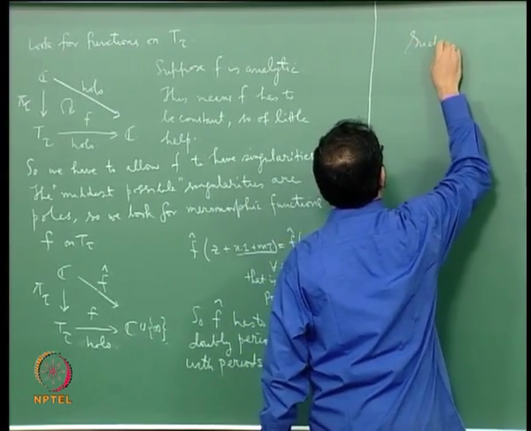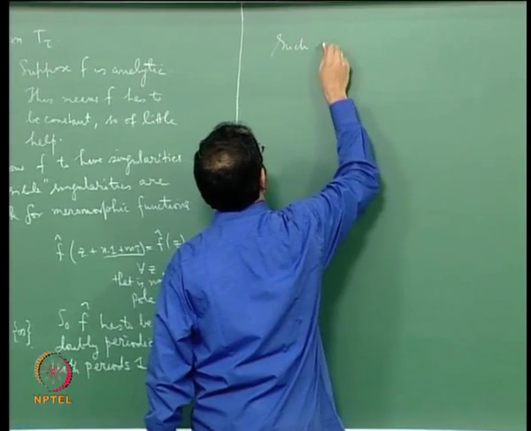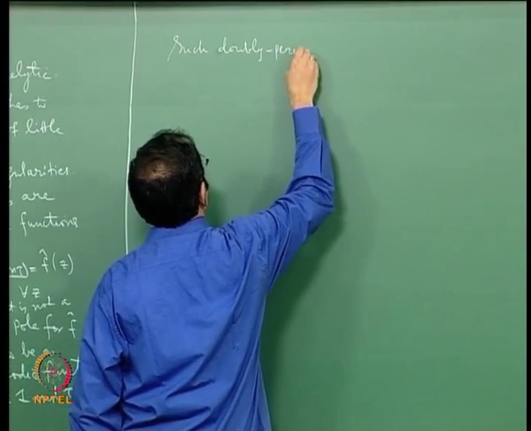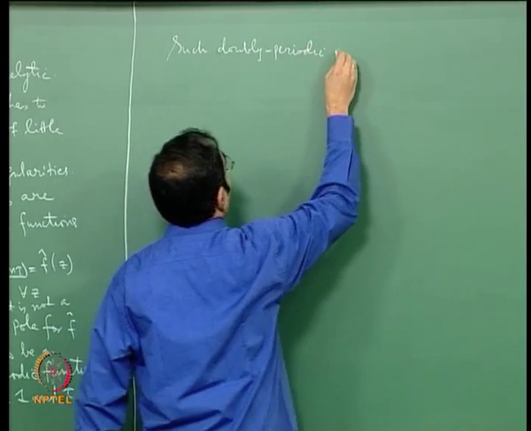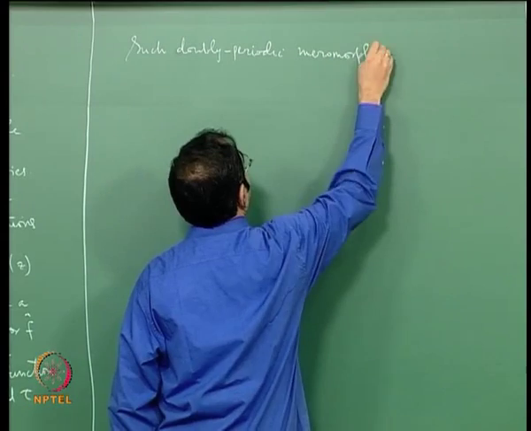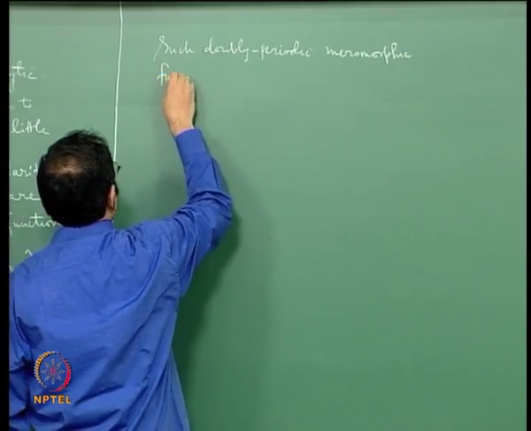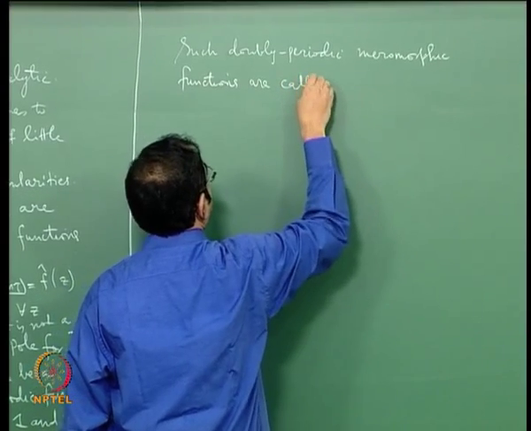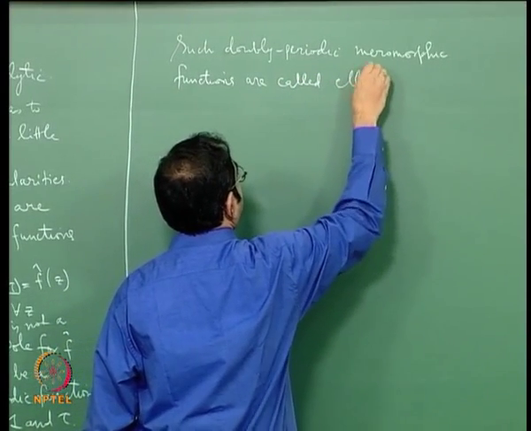Such doubly periodic meromorphic functions are called elliptic functions.